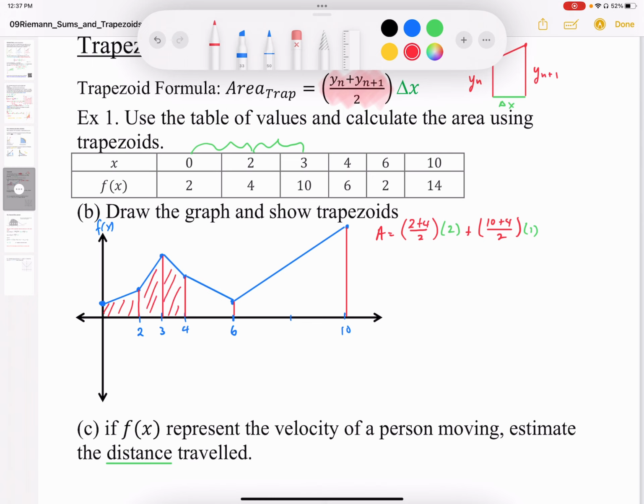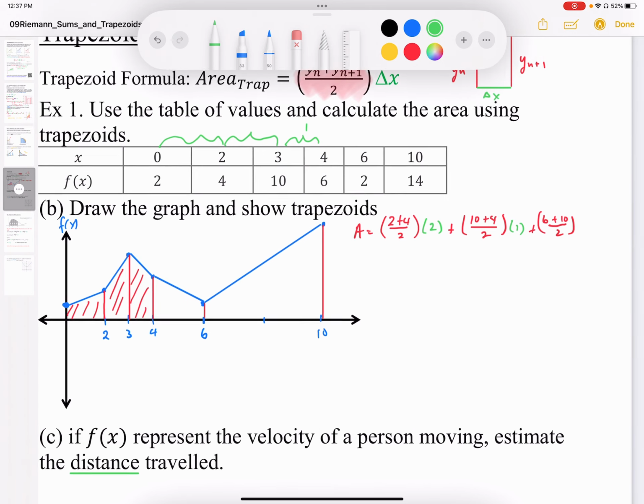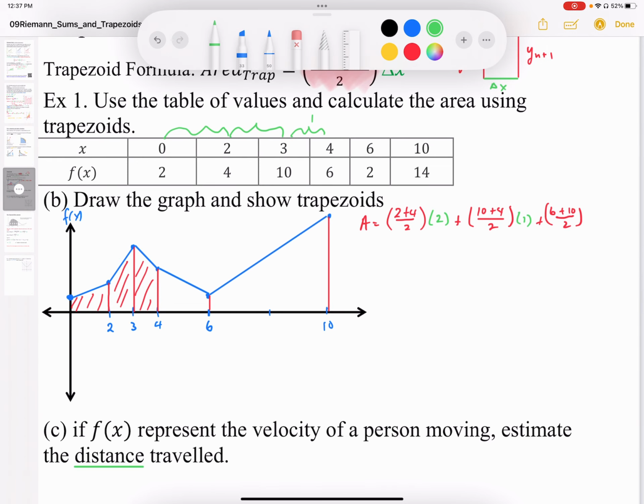The next one here, we're going to have the heights 6 plus 10 divided by 2. So the interval width in that case again becomes 1. And I'm just going to have to go to another line here. So plus the next one here, the heights are going to be 2 and 6.